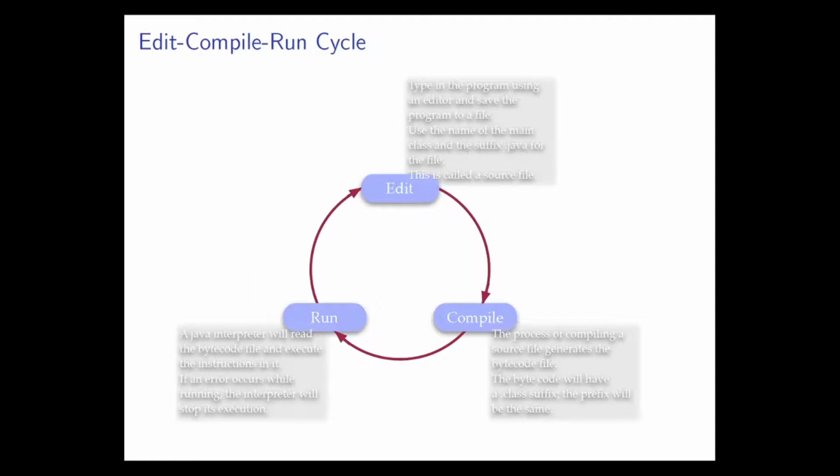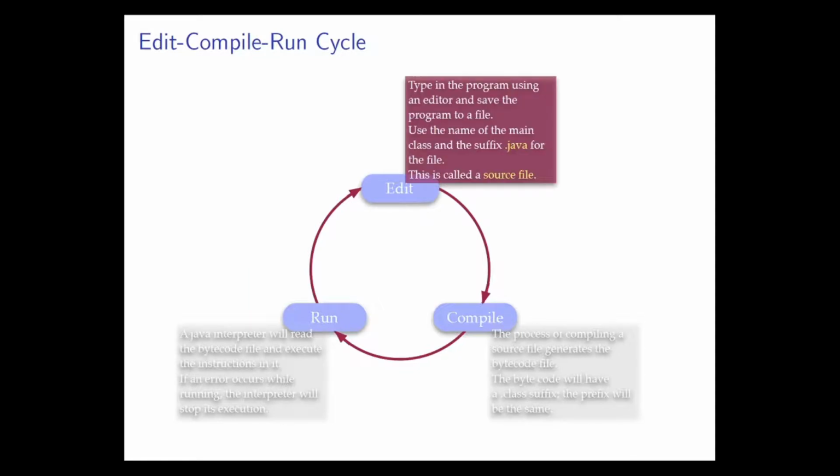So, in summary, we have an edit, compile, run cycle. So first of all, we type in the program using an editor and we save it to a file. And we are going to use the name of the main class and the suffix .java. That's what we mean by a source file.